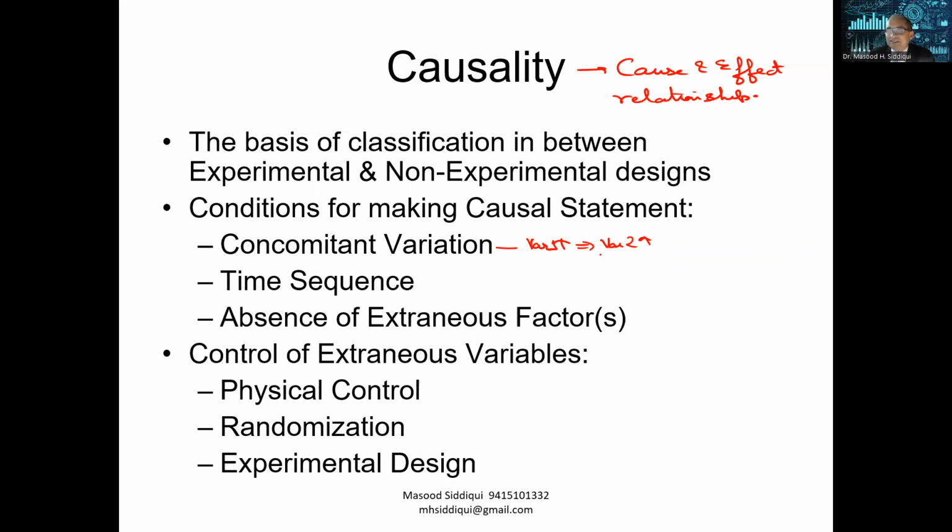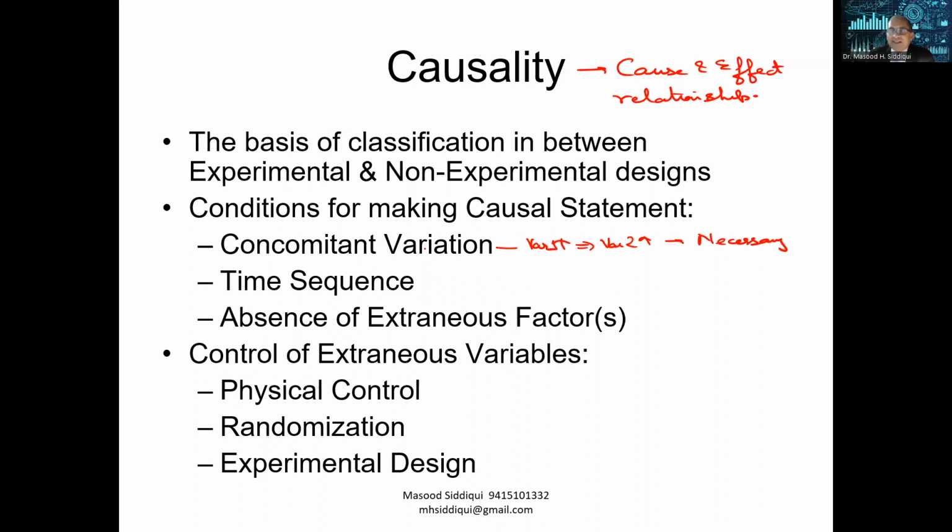Now we will discuss whether concomitant variation is a full-fledged condition for making the causal statement. Obviously, it is a necessary condition, meaning that on changing one variable, the other variable should change. But let us discuss whether it is a sufficient condition or not.